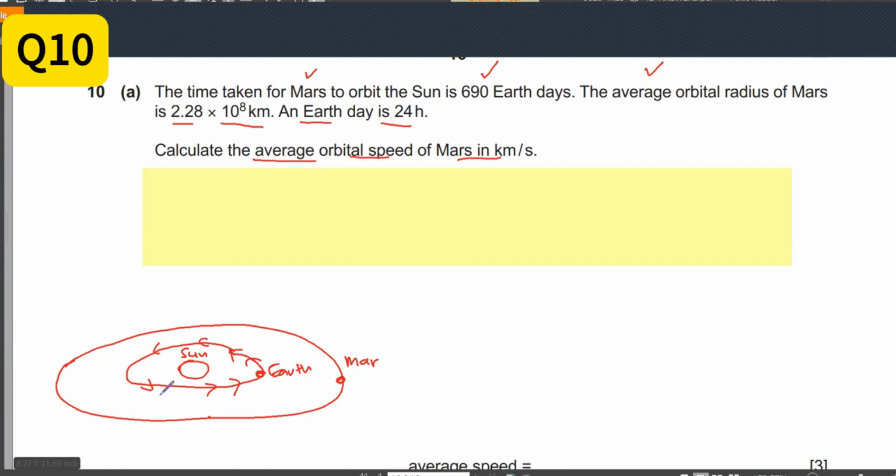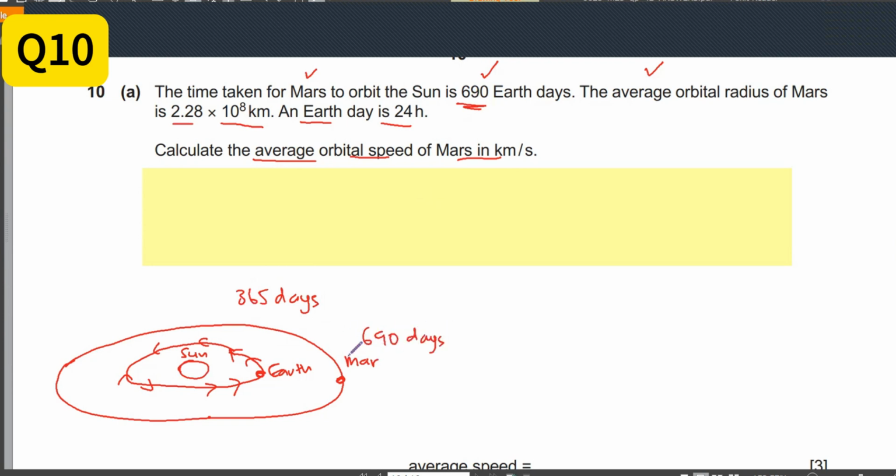For the Earth, it will take 1 year to orbit the Sun. So for the time taken, Earth will be 365 days to orbit the Sun, but for Mars it will be 690 days.